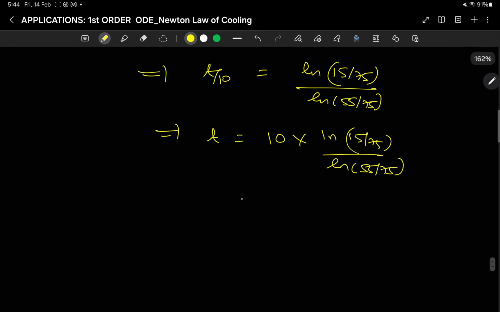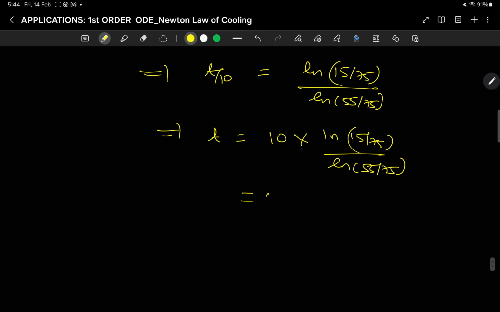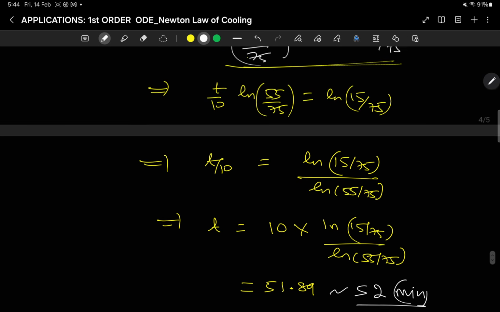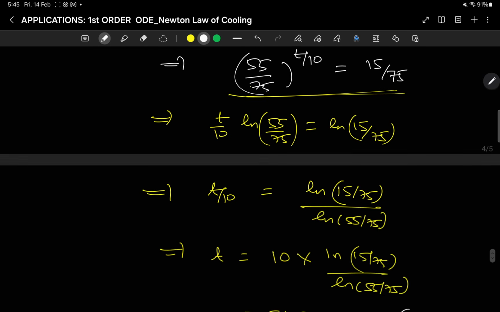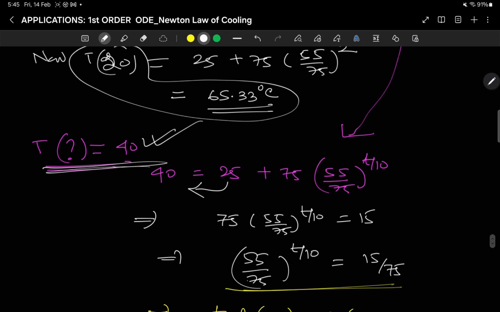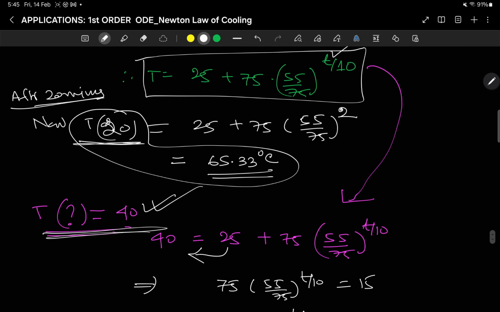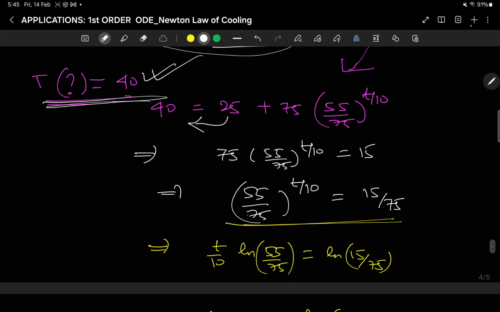If you simplify it, it will give you 51.89 minutes, which is approximately 52 minutes. So this is your answer. We were asked two things: the time when T is 40, which is 52 minutes, and the temperature after 20 minutes. These are the two aspects we obtained.